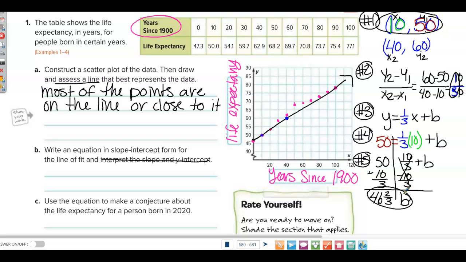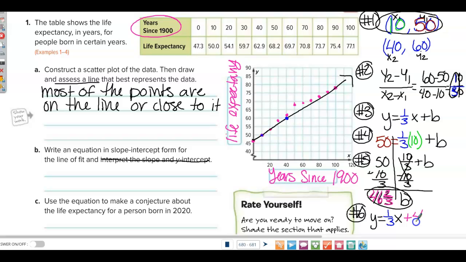So then step number 6 is to sub that b into the equation. Y equals, my slope is still 1/3 x, but now I have a b and it is 46 2/3.